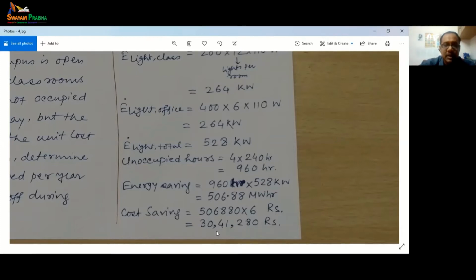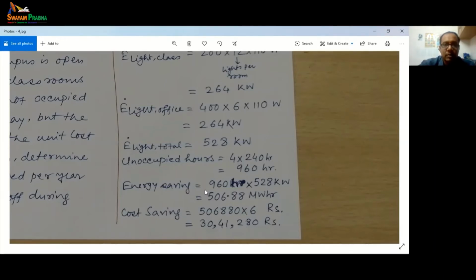Just imagine the scale of money per year we are wasting because of this casual attitude towards energy saving. If your university can save this 30 lakh, your tuition fee will effectively come down. So you have a selfish motive as well, and you will have healthier air to breathe, because the energy you save means that much less coal burnt in some thermal power station.